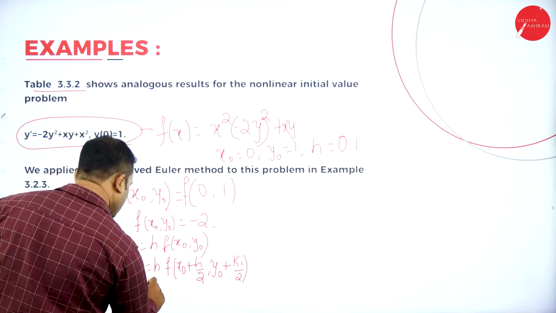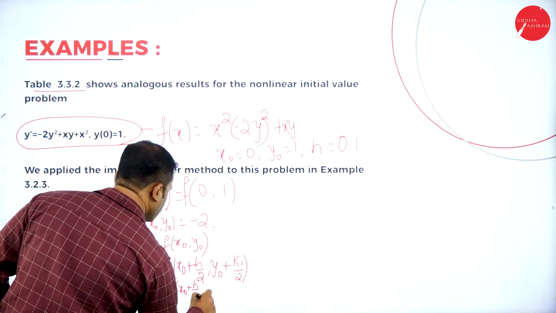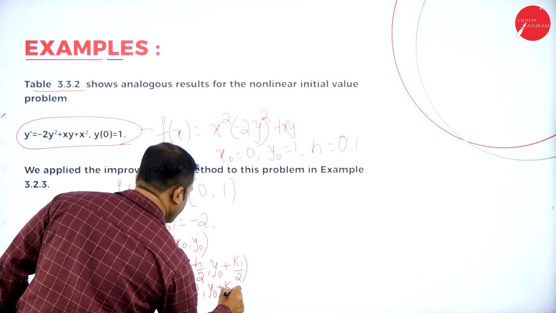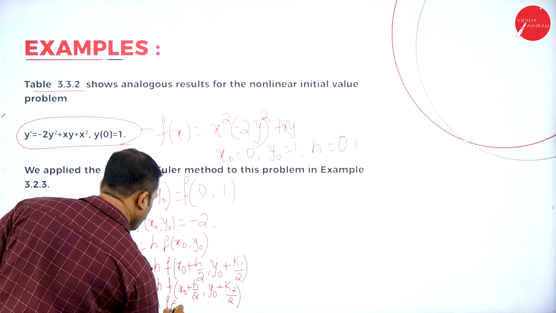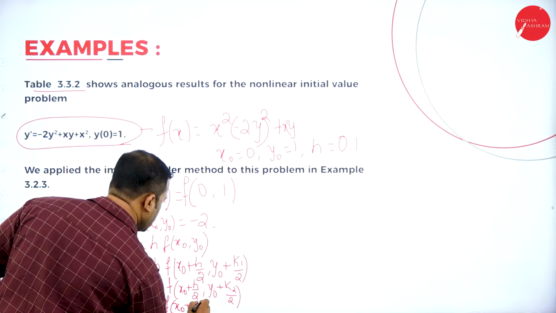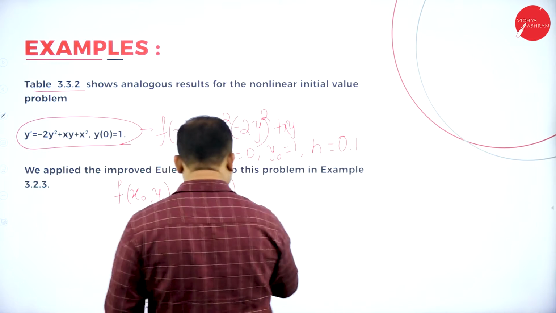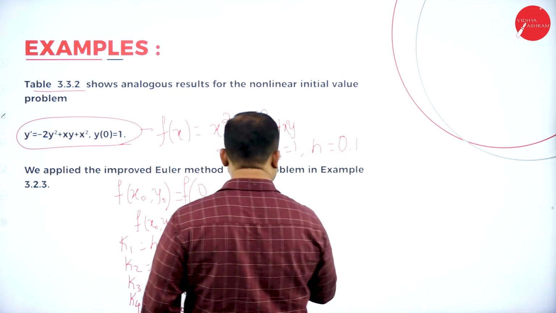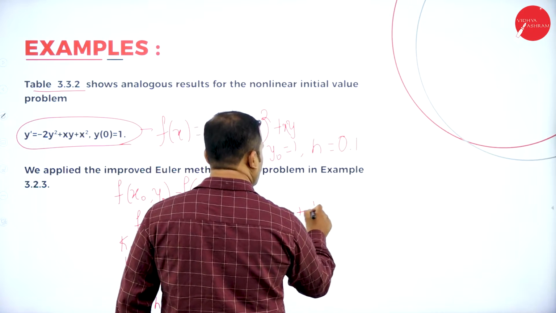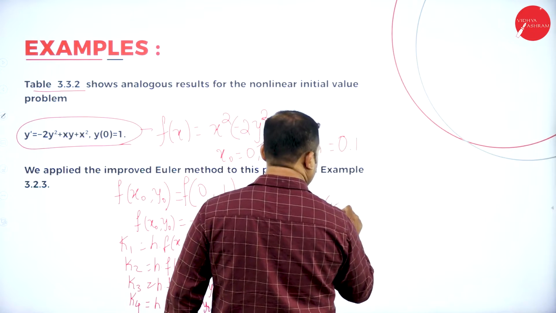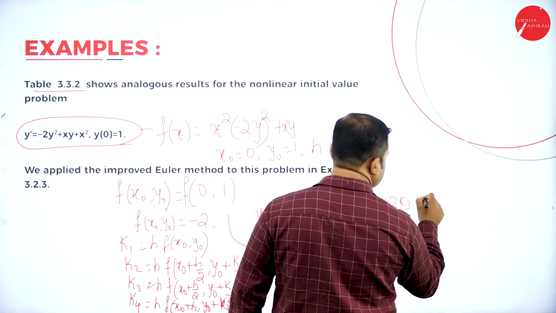Then similarly k3 is equal to h into f of x0 plus h by 2 comma y0 plus k2 by 2. Finally we have k4, that is h into f of x0 plus h comma y0 plus k3. So finally y1 is equal to y0 plus 1 by 6 times k1 plus 2 times k2 plus 2 times k3 plus k4.